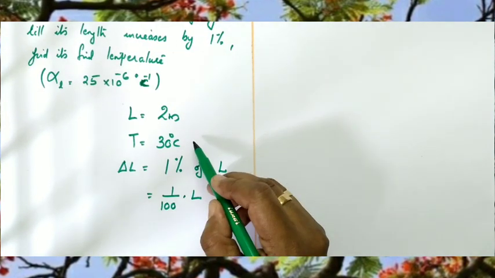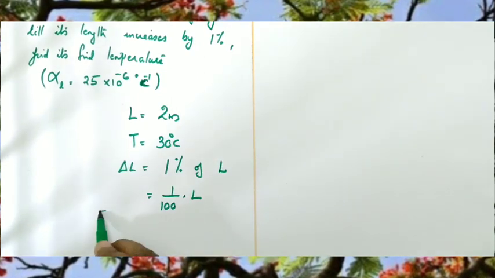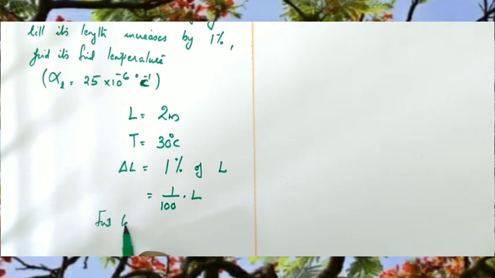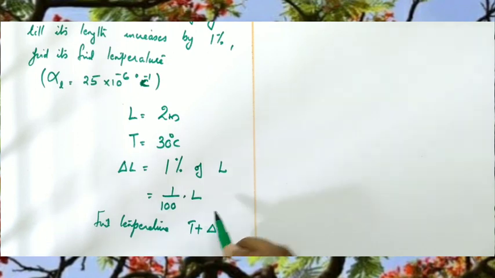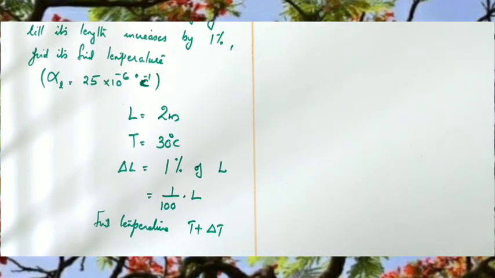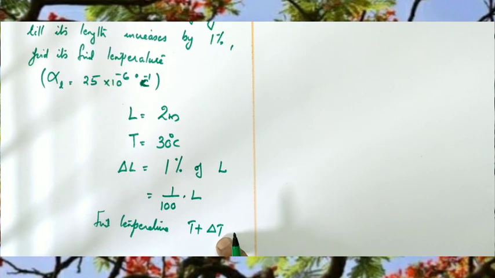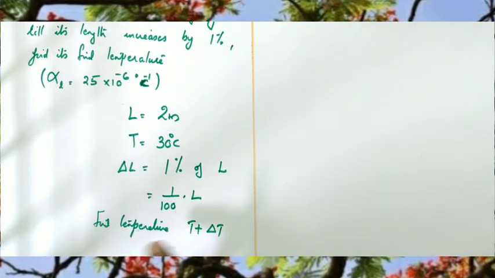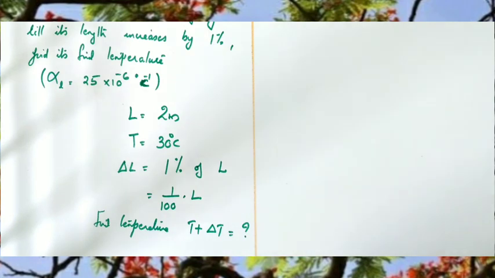So the initial temperature is T, and the change in temperature is delta T. What is the final temperature? It is T plus delta T, because delta T is the increase in temperature. Whenever a metal rod is heated, the temperature increases, and the length also increases. So this T plus delta T we have to calculate.